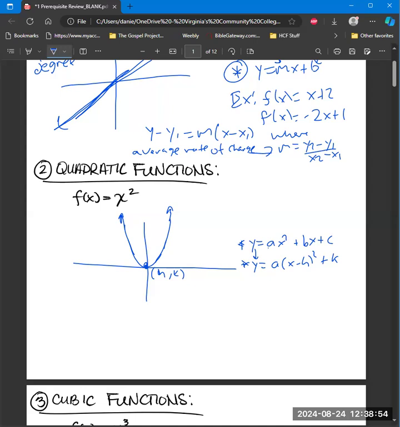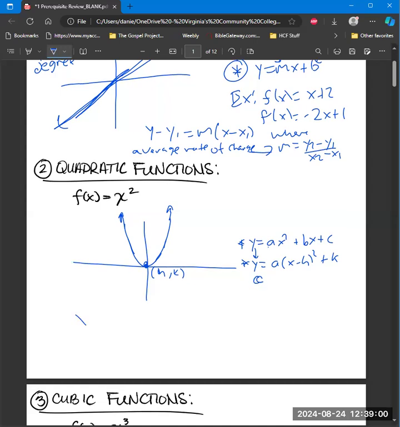We find the x-intercepts of this using the quadratic formula. We'll have a y-intercept at 0, c.